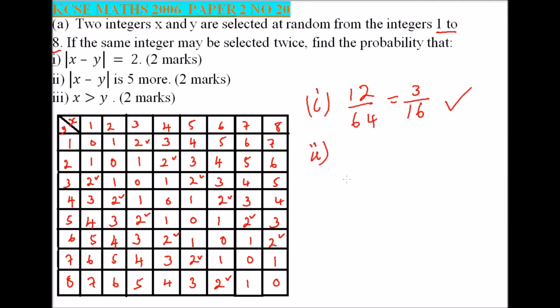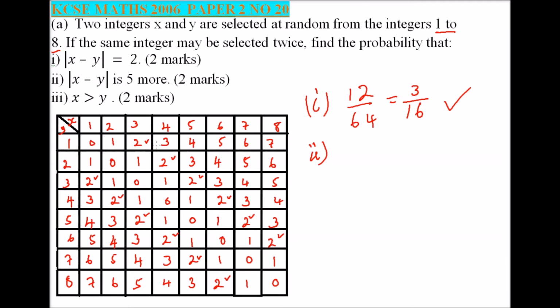Roman number 2, we say x minus y is 5 or more. So we take the values which are 5 or more. So that is 1, 2, 3, 4, 5, and 6.